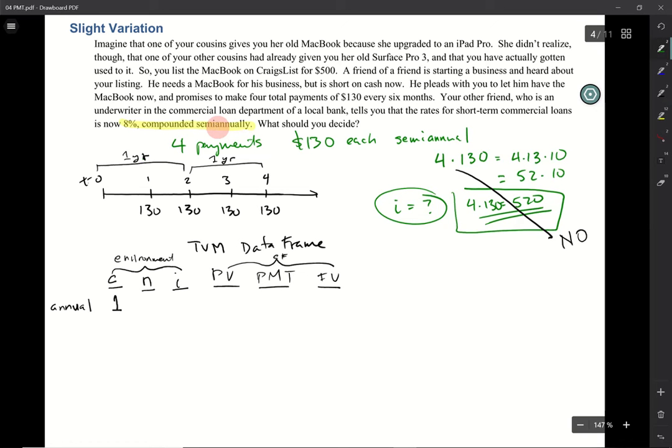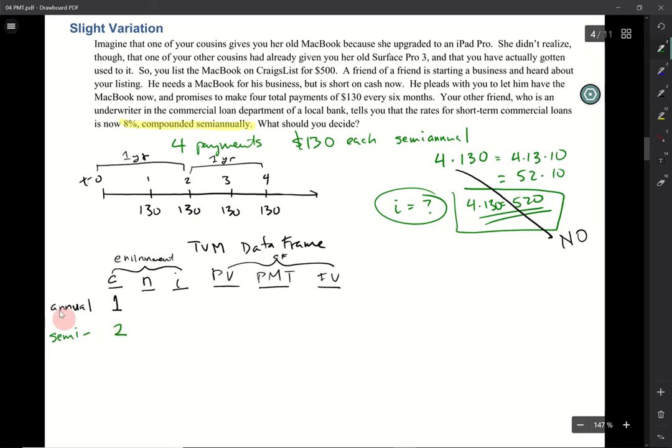Under C. We build up the second row. So this is the semi-annual. I'll just put semi, because 2 payments per year. So the compounding is semi-annual. As soon as you see the compounding semi-annual, you'll know that you need to build up the second row.